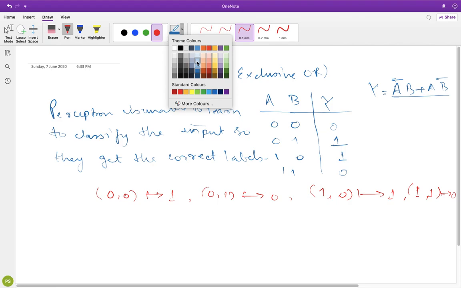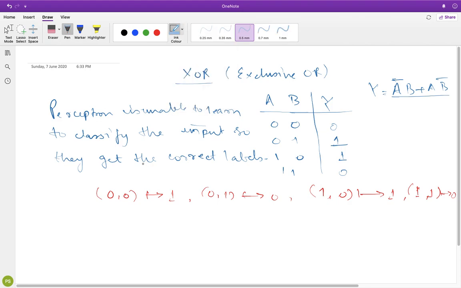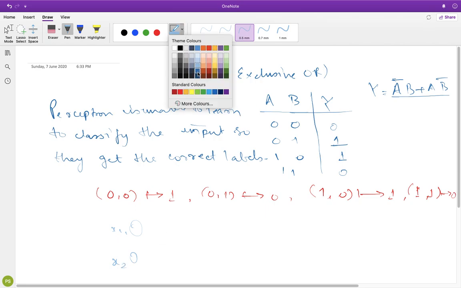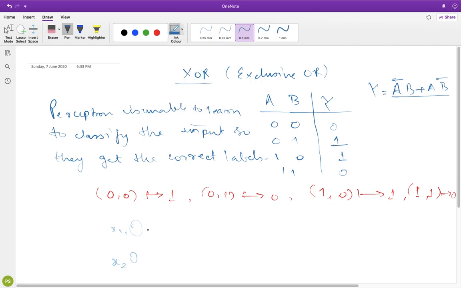So if we make a perceptron model which has two neurons with the inputs x1 and x2, and the weights of these, let's say, are w1 and w2, and we produce this as output.